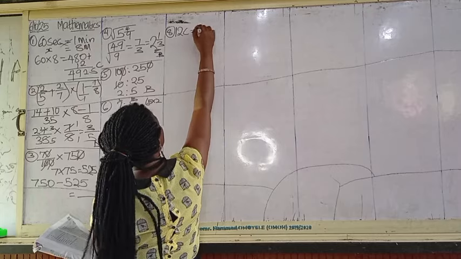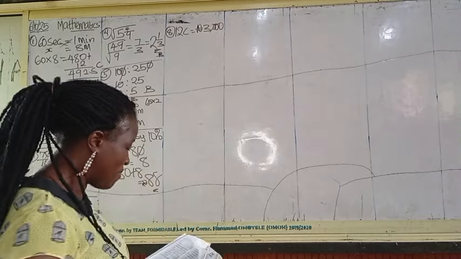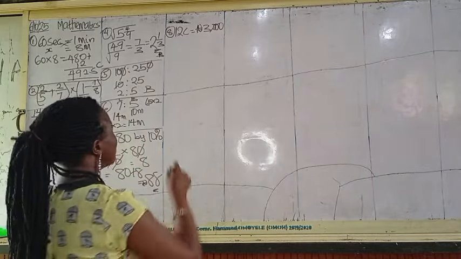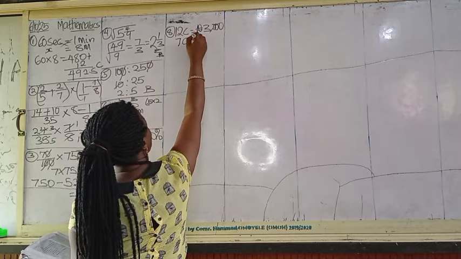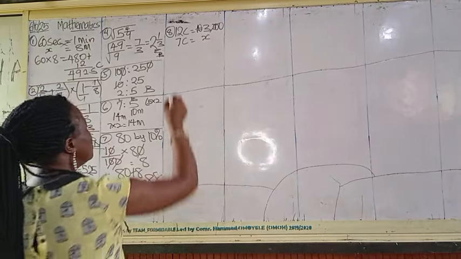For 3,000 naira, and we are to find the cost of 7 cartons. So 7 cartons is unknown. The best way to go about it is take the 3,000, divide it by 12. So we will get how much a carton costs, and whatever the cost of a carton is, we are multiplying it by 7. So let's go.